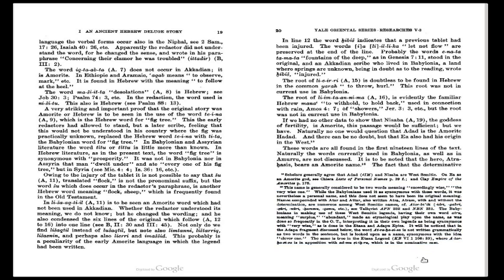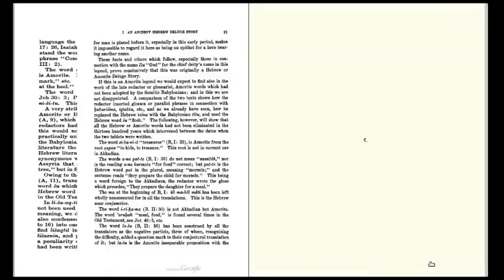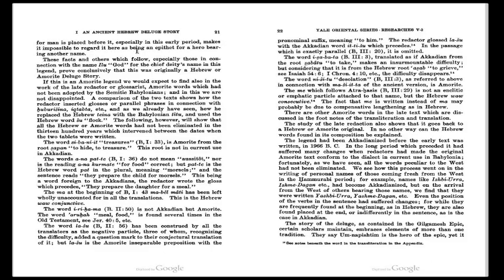The fact that the determinative for man is placed before it, especially in this early period, makes it impossible to regard it here as being an epithet for a hero bearing another name.